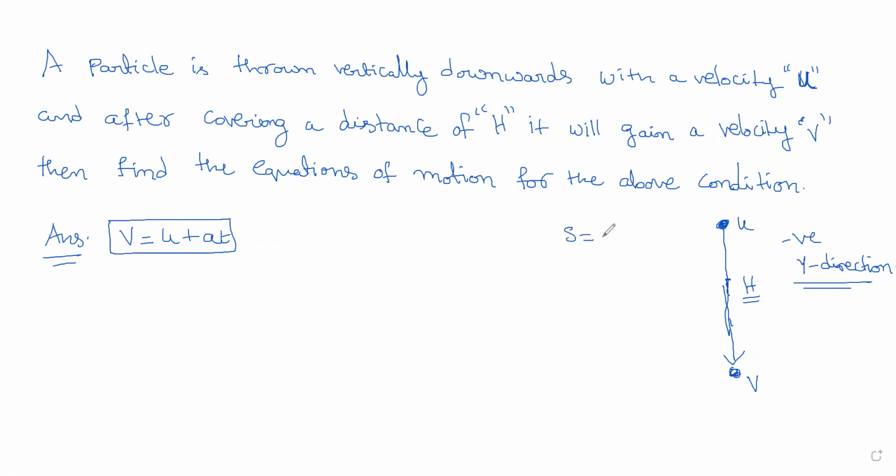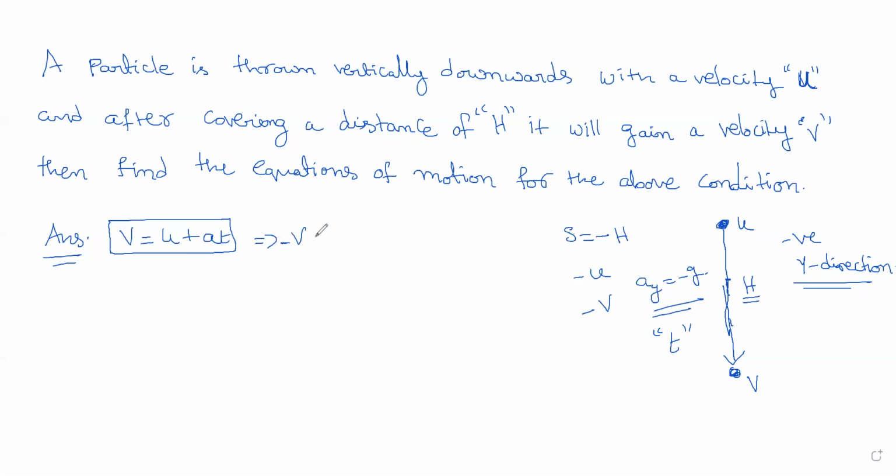Write the quantities. S is equal to minus h. U, the initial velocity, is also minus u. Final velocity also minus v. Acceleration a_y is minus g. This is how we substitute all the things. And the time cannot be negative, time will be the same, so we'll put it as t.